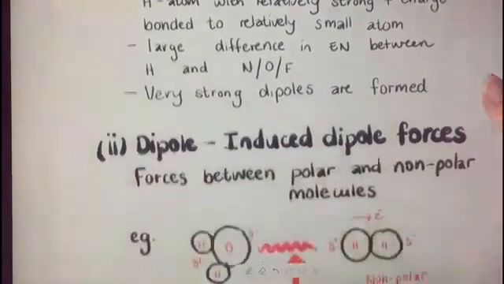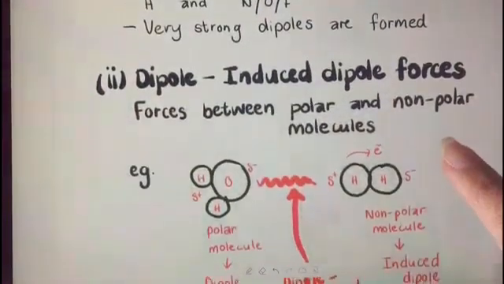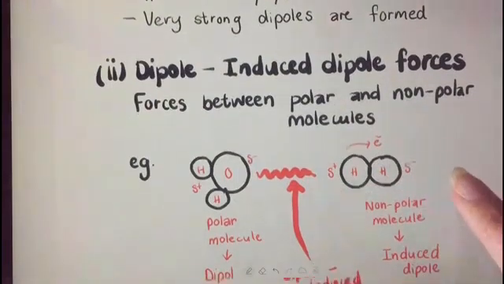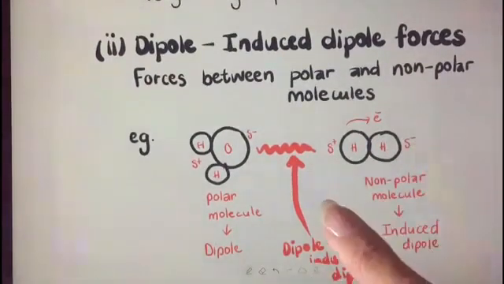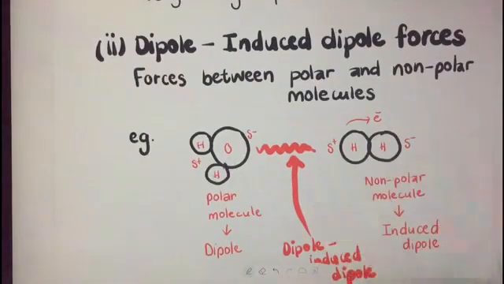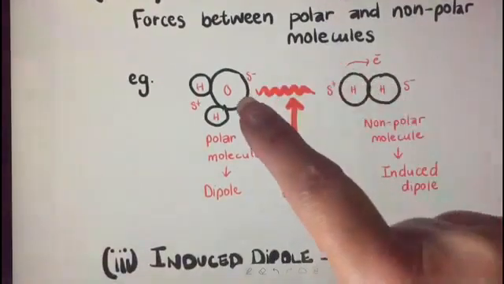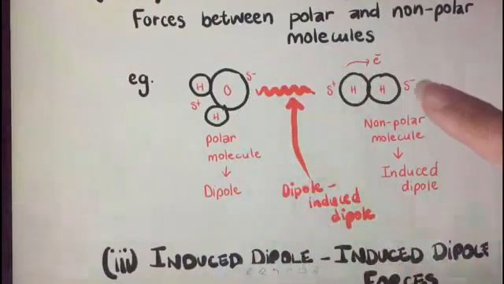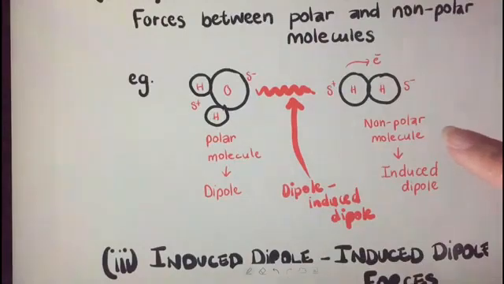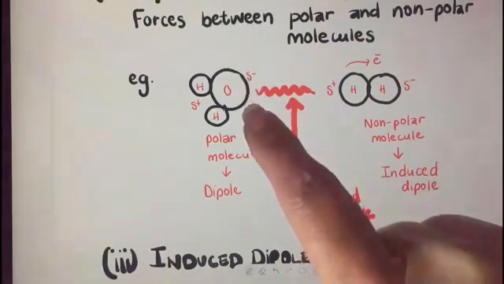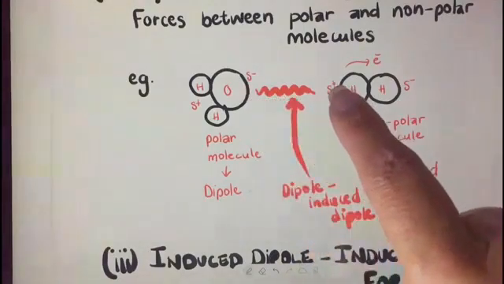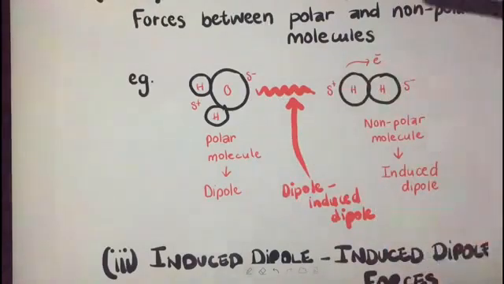Right, then our second type of van der Waals force, we've got dipole, induced dipole forces. So this is what we'll find between polar molecules and non-polar molecules. So you can take a look over here. I've got a water molecule, which is a polar molecule. I've got a hydrogen molecule, which is a non-polar molecule. But what could form there is an induced dipole, because this negative side could repel the electrons so that they move to the one side.